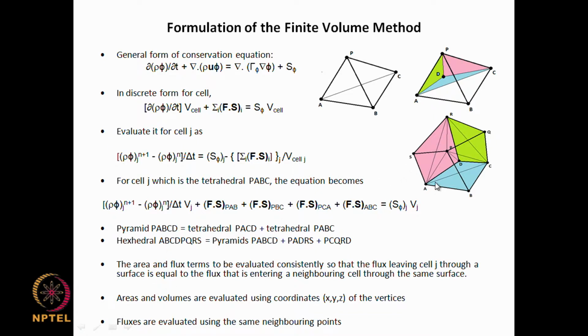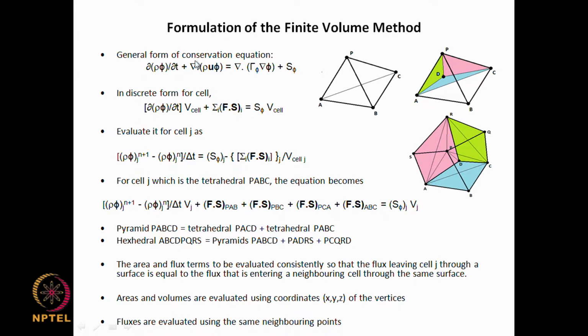Okay. And if you have a hexahedral element, so it is like a rectangular parallelepiped. So, you have ABCD here, and then you have PQRS here, and you join this, you have 6 faces, like the blue face bottom and top, the pink face left and right, and the green face front and back. So, this is a conventional cuboid kind of control volume which we have been considering.